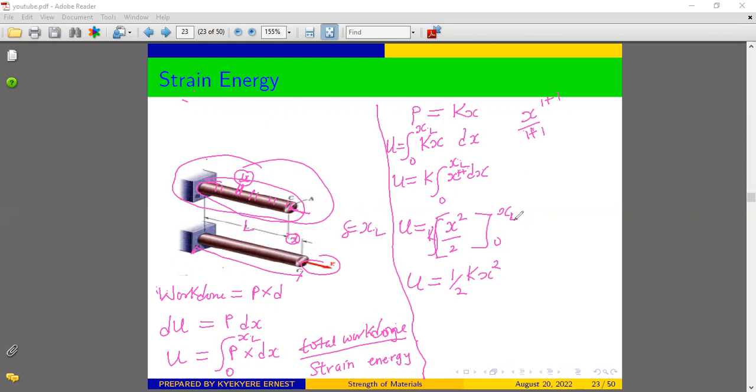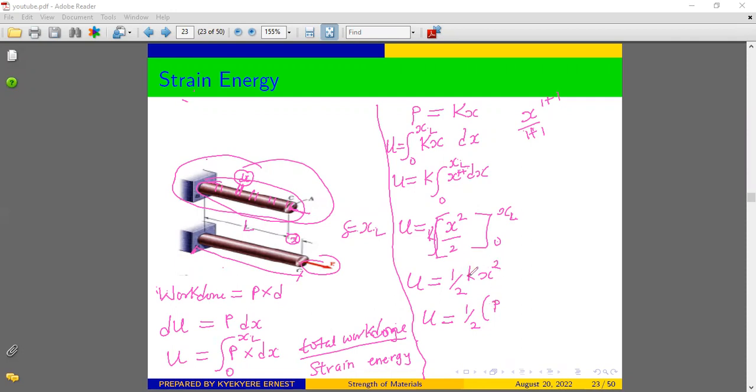If we substitute our limits, 0 will give us 0. So when we substitute the xL, the total energy is going to be half into bracket kxL times xL.